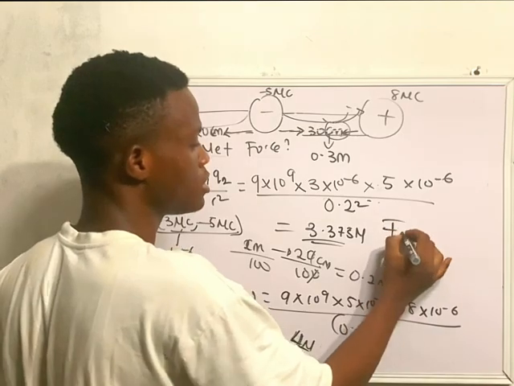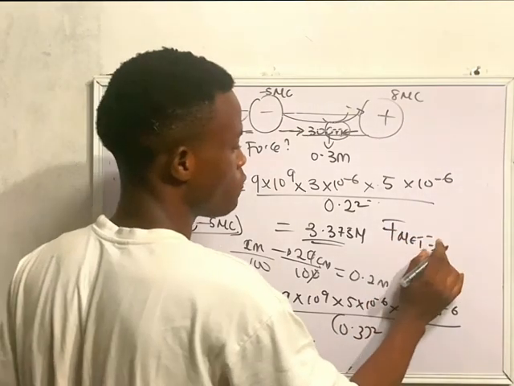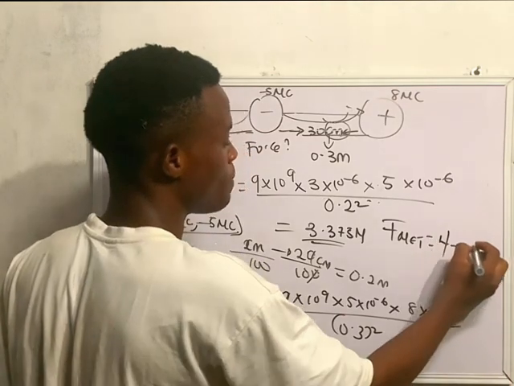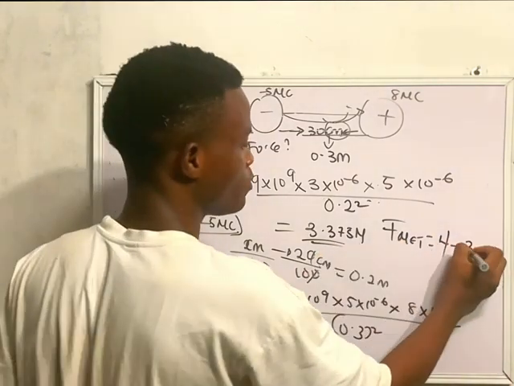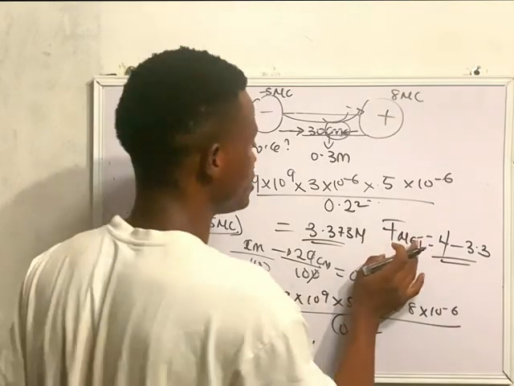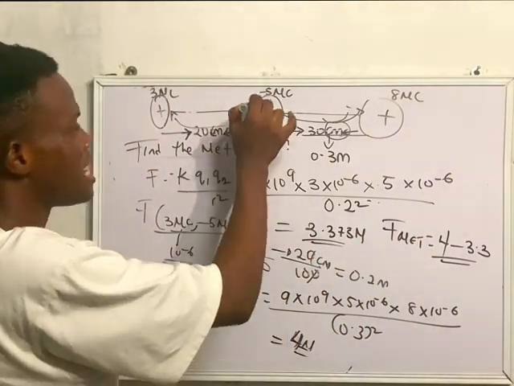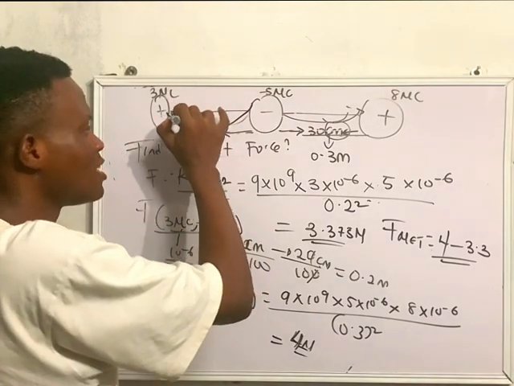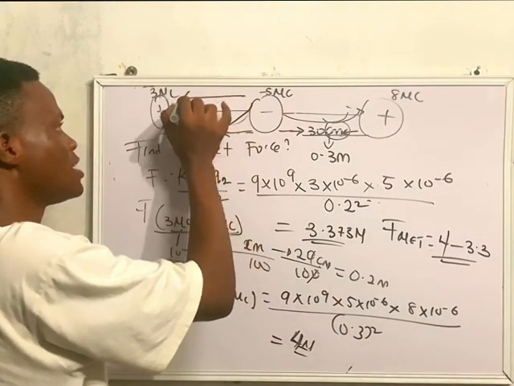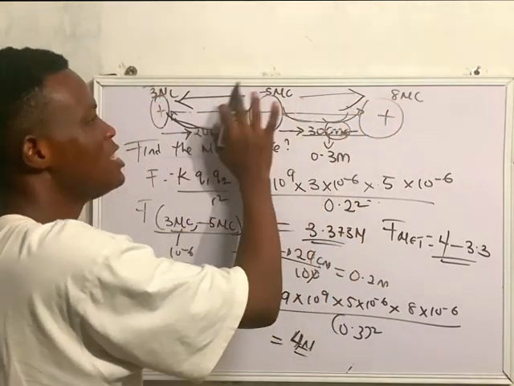Now to calculate our net force, it is this 4 minus this 3.375. Do you know why we are subtracting? The main reason is that this one is attracted to this place, so it goes in this direction, and whenever this one is attracted, it goes the other way, so they are in opposite directions.